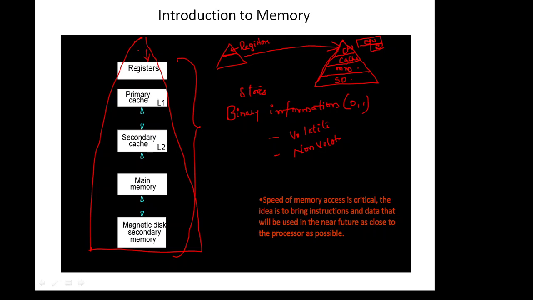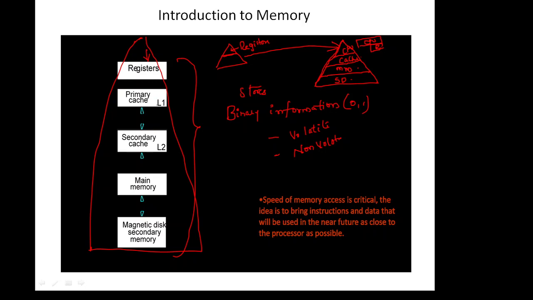That is the drawback of registers. Why are we not going for registers alone? Because registers can't store much information. Only a limited amount of information can be stored in the registers.